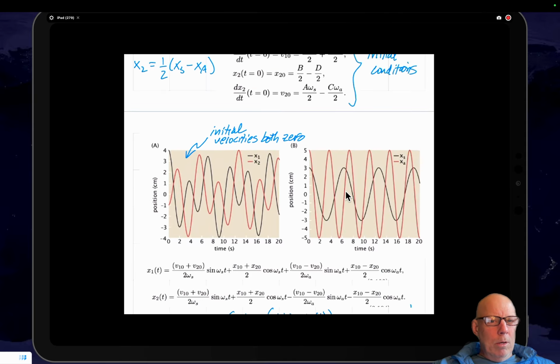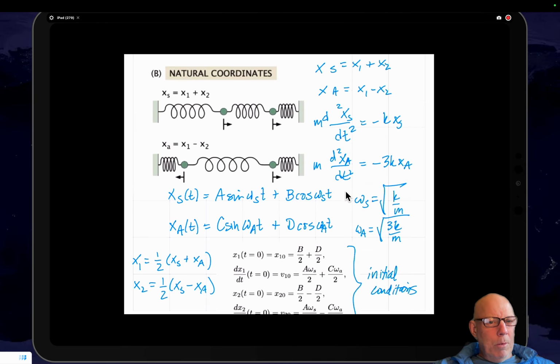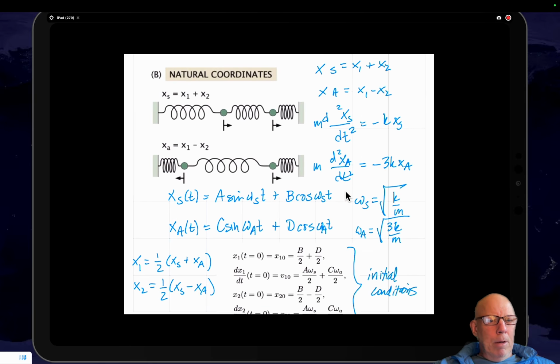Okay, so what have we accomplished? I think what I've tried to tell you is that for this simple problem, I can identify a version of collective coordinates. Those collective coordinates here, I'm labeling xs and xa, for x symmetric and x antisymmetric. Once I know the collective coordinates, they behave independently.